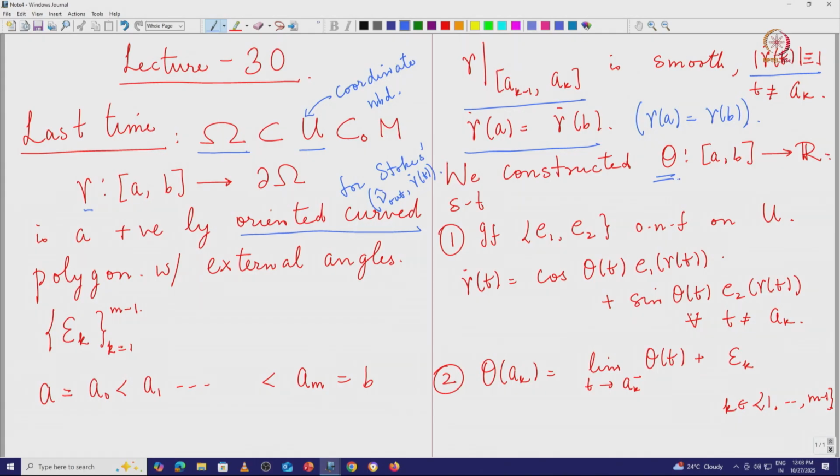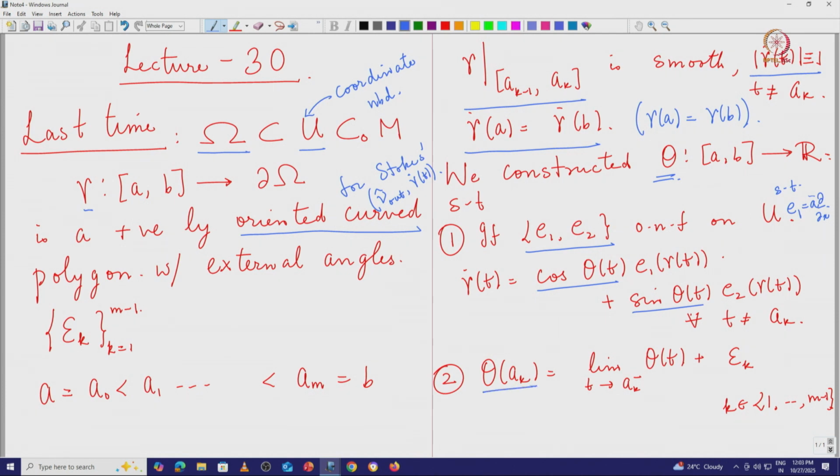this tangent angle which we call theta. This is a function from a to b to R which satisfies the following two important conditions. If you take an orthonormal frame on U such that E1 is a multiple of del by del x, and E2 is then obtained by the Gram-Schmidt process, then gamma dot, which is a unit vector, is given precisely by cosine of theta t times E1 of gamma t plus sine of theta t times E2 of gamma t, at all the smooth points.